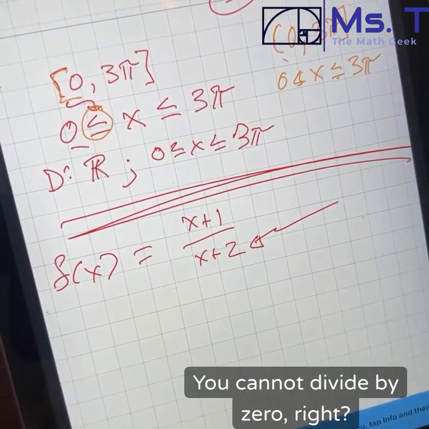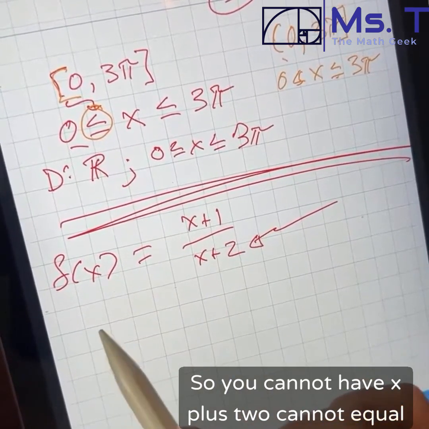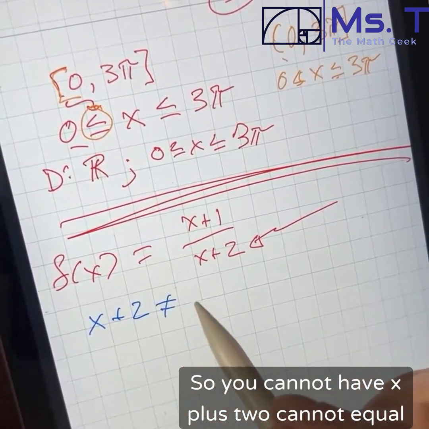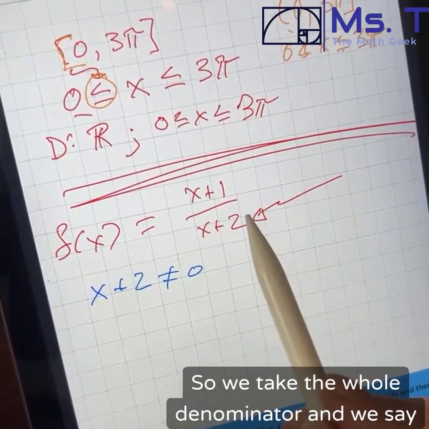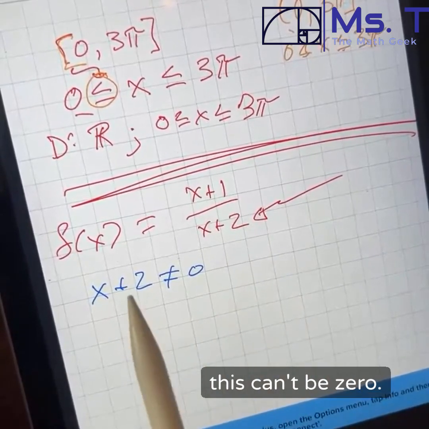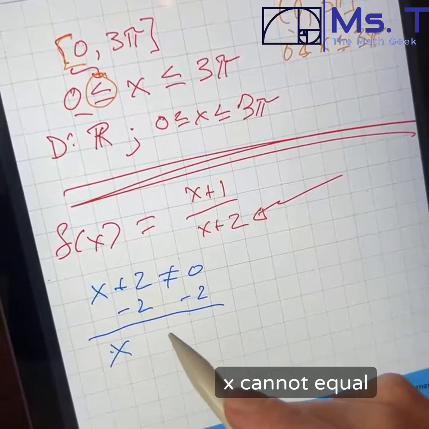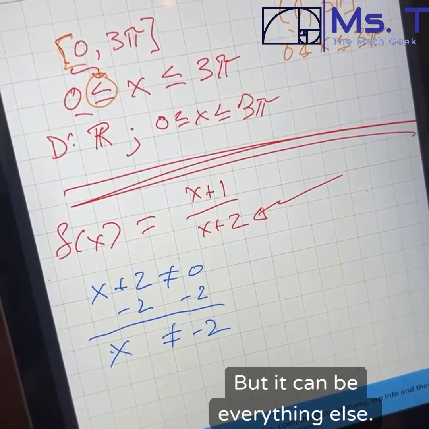You cannot divide by 0. So x plus 2 cannot equal 0. We take the whole denominator and we say this can't be 0. And now we solve this with the cannot equal: x cannot equal -2. But it can be everything else.